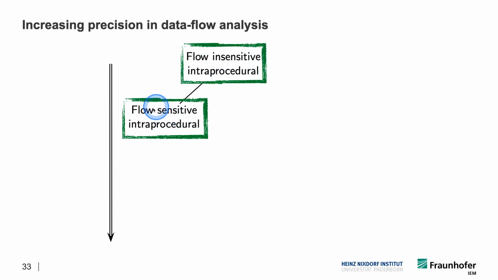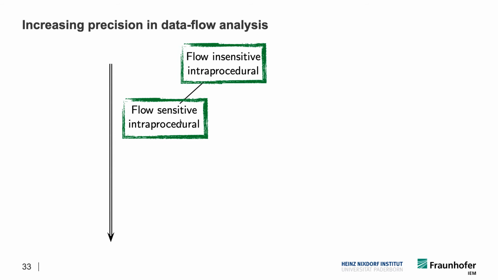Then we also have flow sensitive intra-procedural analyses. These we have seen with the monotone framework, right? And they are also used for checking simple properties within a procedure.